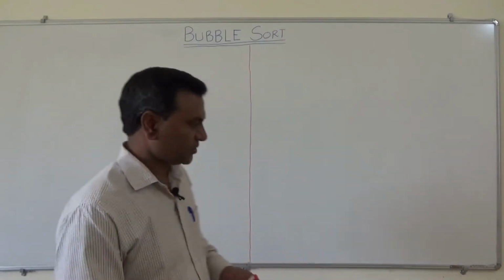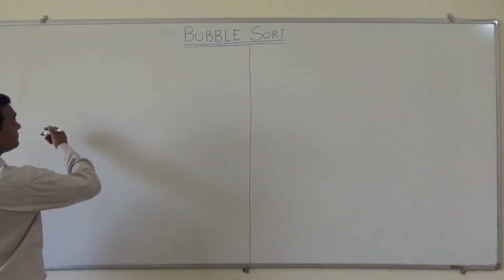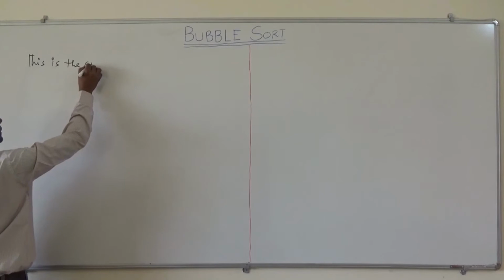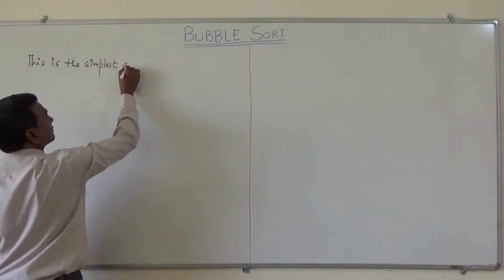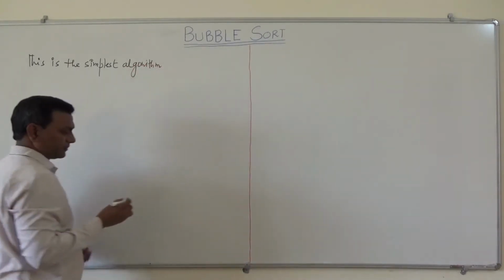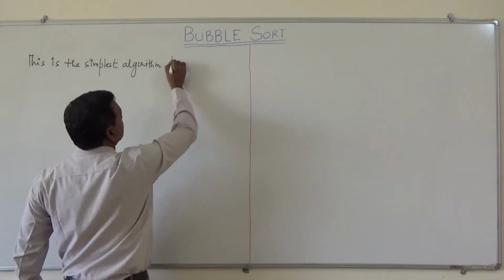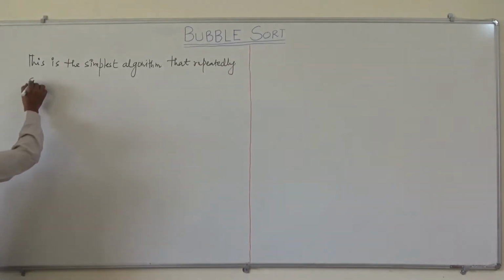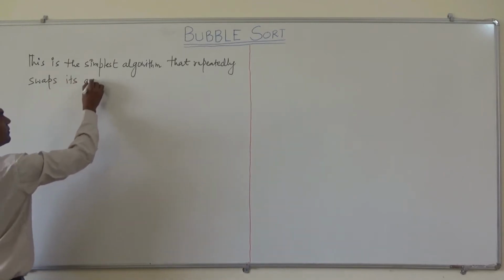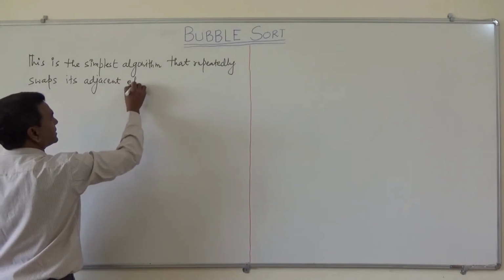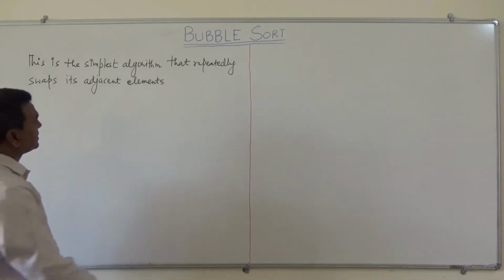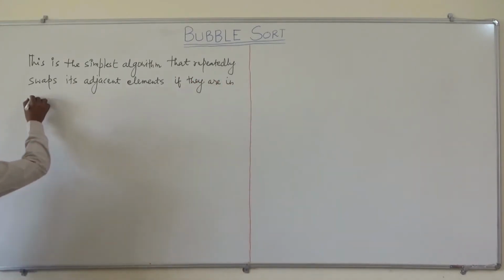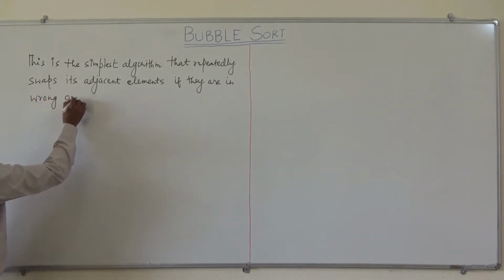So let us see what this is. First of all we will define it. Basically this is the simplest algorithm that repeatedly swaps its adjacent elements if they are in wrong order.